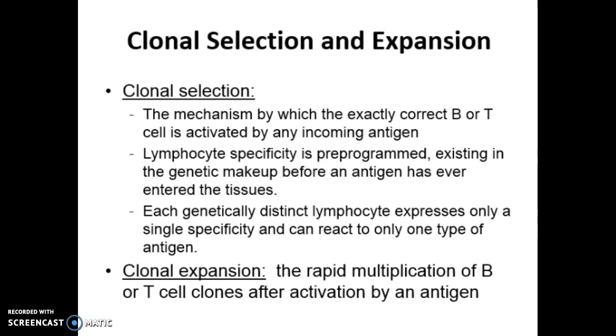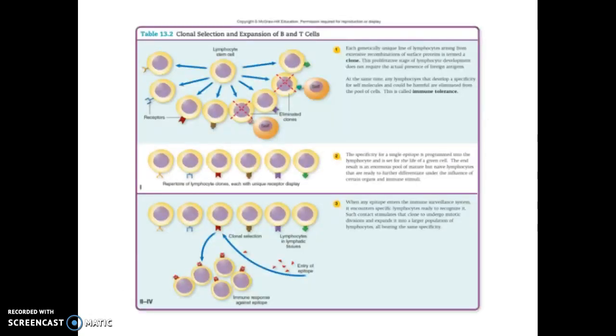Then clonal expansion is the rapid multiplication, the increase in number, of that specific B or T cell after being activated by the antigen. If we look at the slide, this can apply to either a B cell or a T cell.